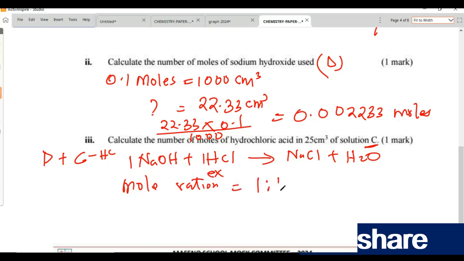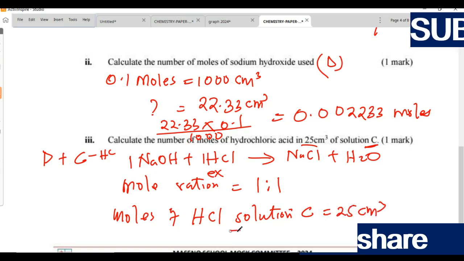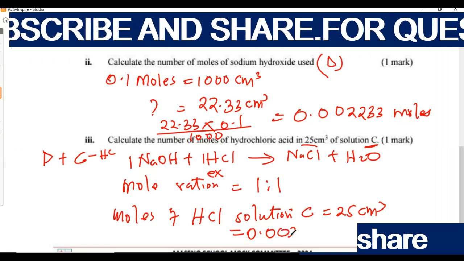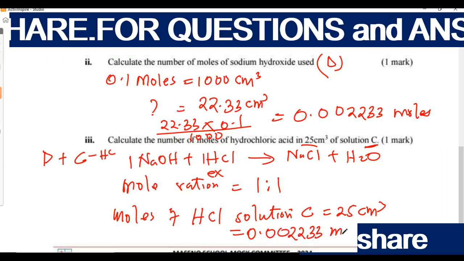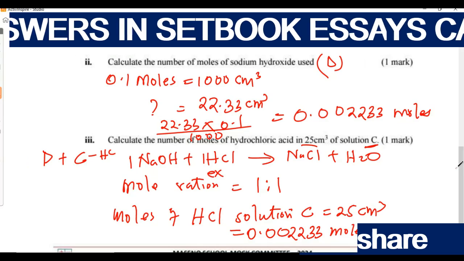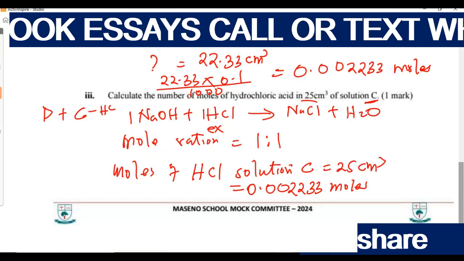Mole ratio is 1 to 1, meaning that number of moles of sodium hydroxide used will be equal to the number of moles in 25 solution C. So moles of HCl solution C in 25 centimeters cube will be equal to this one, 0.00233 moles, because they are equal, because of the mole ratio.